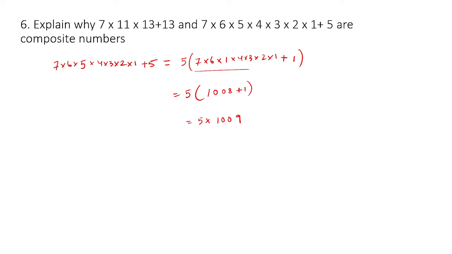I hope you're clear with this. Since this is again a prime factorization of sort, this is 5 into something. So this cannot be a prime number, because when I tell you to take the factorization of a prime number, it's just going to be itself: 2 is going to be 2, 3 is going to be 3, 5 is going to be 5. But in the case of this, you see 2 factors, 5 into something.